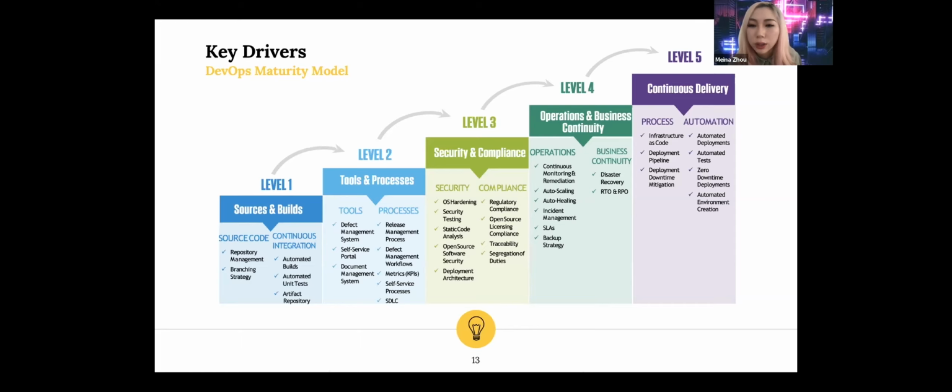Level 4 is operations and business continuity: when there's an incident or a problem with your application, how you're going to manage that. And the final level is continuous delivery, where you automate all those deployment tasks and the zero-downtime deployment process.